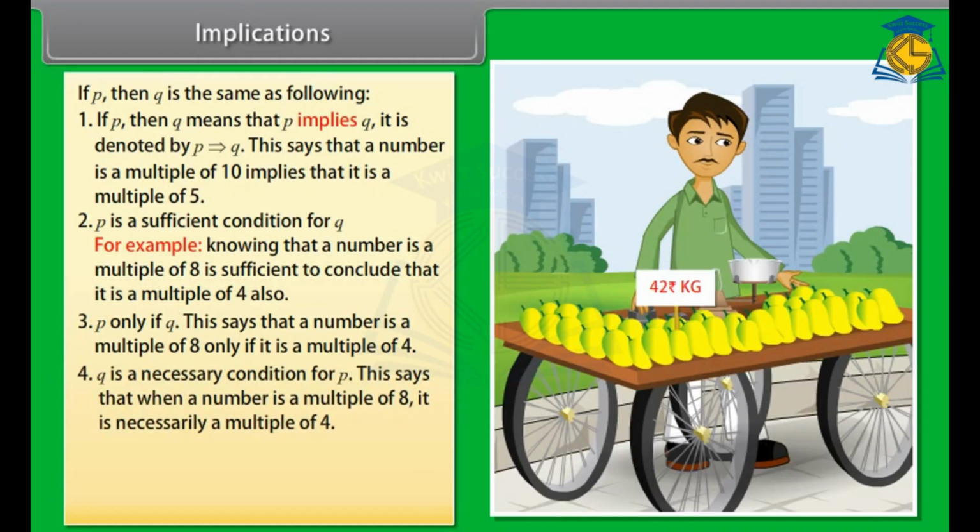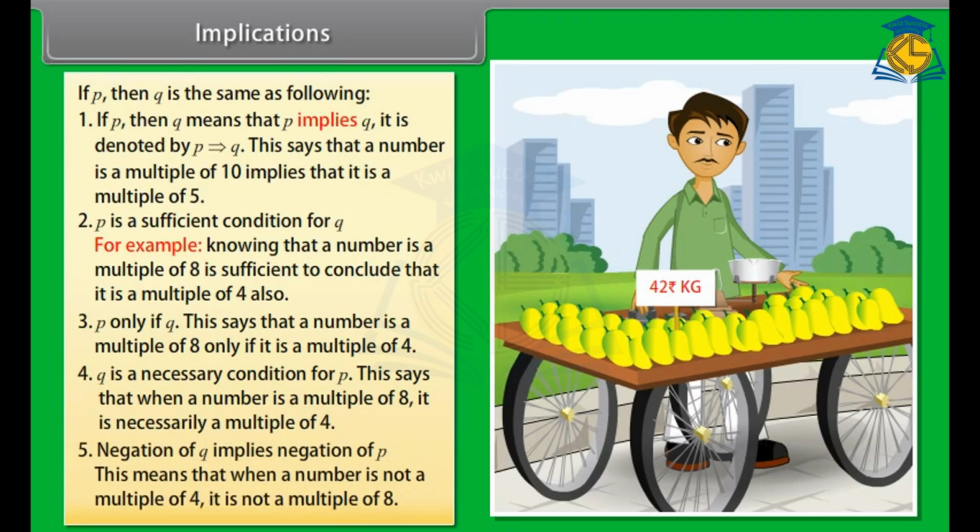Q is a necessary condition for P. This says that when a number is a multiple of 8, it is necessarily a multiple of 4. Negation of Q implies negation of P. This means that when a number is not a multiple of 4, it is not a multiple of 8.